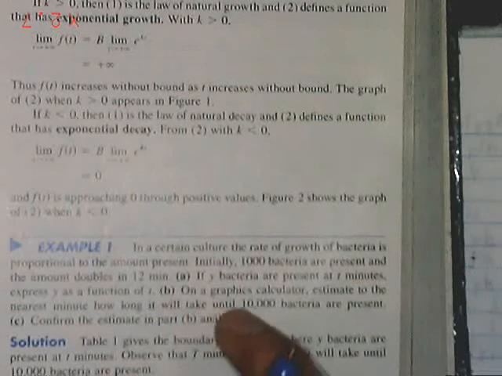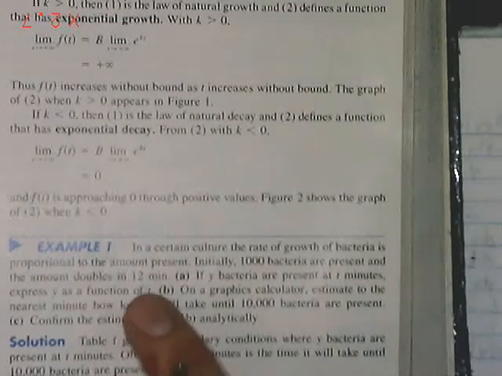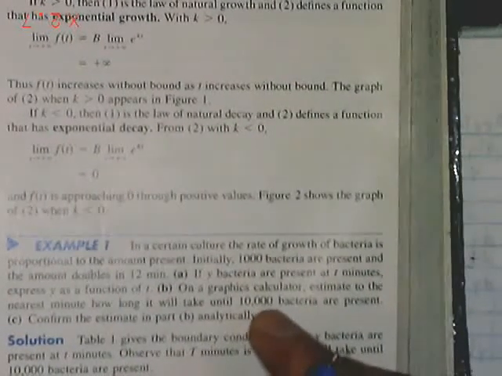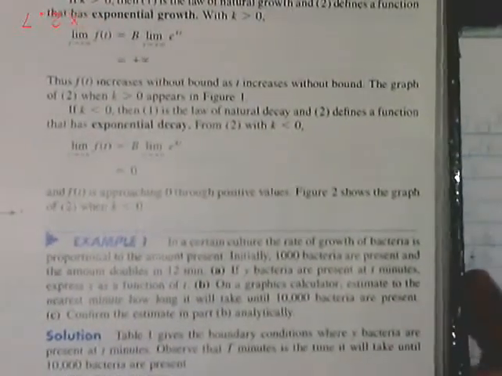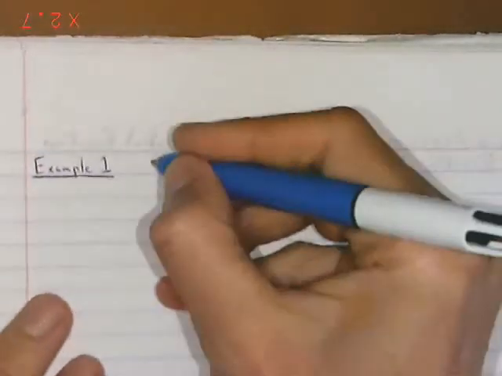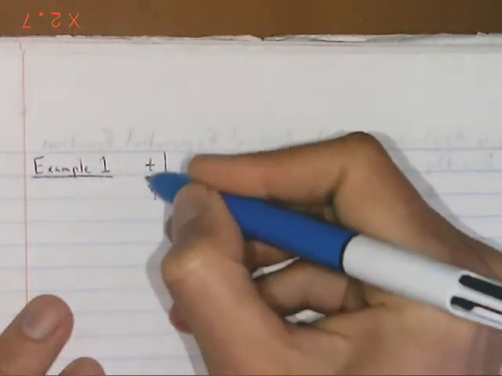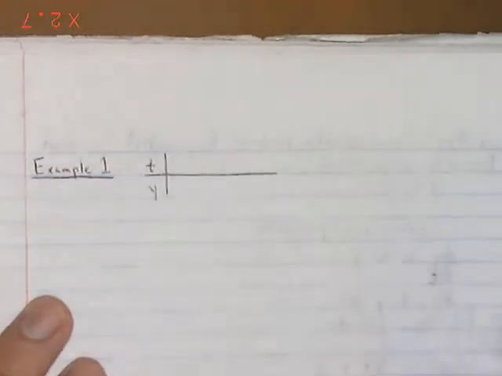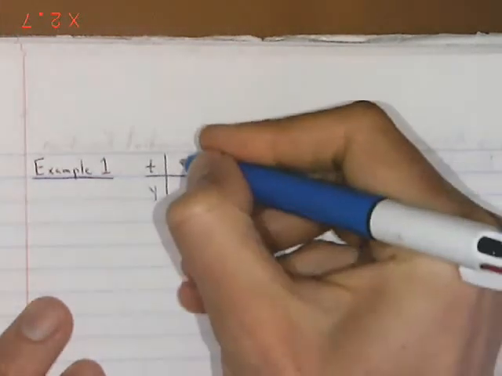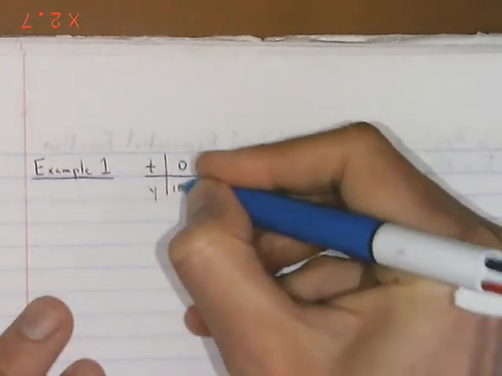On a graphics calculator, we'll skip that, but they want us to estimate how long it'll take to get to 10,000 bacteria. Confirm analytically, that's what we'll do. So with all these problems, I would recommend starting with a t-chart, modeling the growth or decay of the particular quantity in question. Here you have t and y, where y is your quantity. For this situation, we know at time 0, we've got 1,000 bacteria.